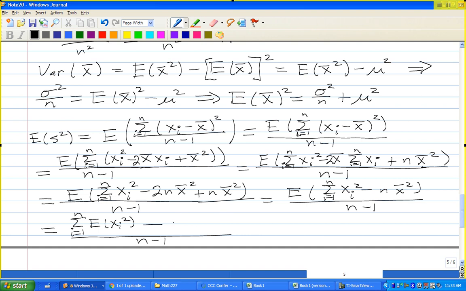That's just going to be n times the expected value of x bar squared. Okay. And so this is just the expected value of x_i squared minus. Now we already figured that out from above.